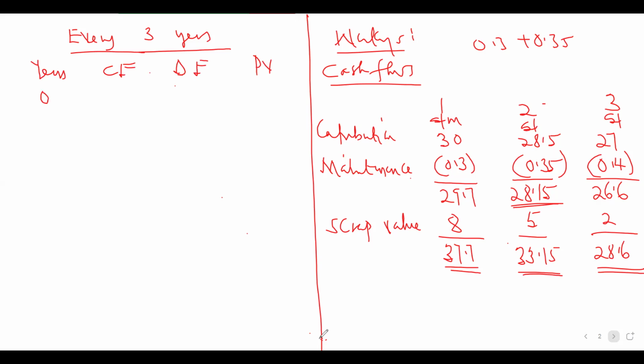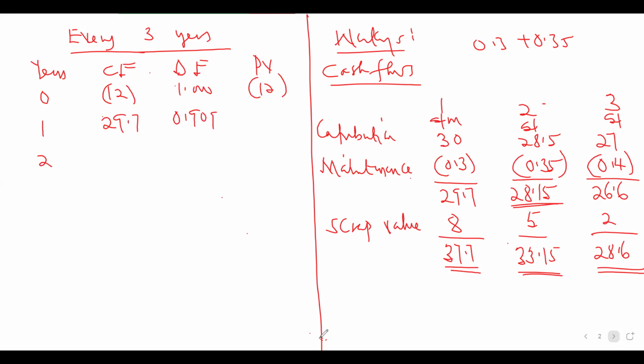Year zero will be now, that will be 12 million. Then we come to year one, where we receive a cash flow of 29.7 at a discount factor of 0.909.